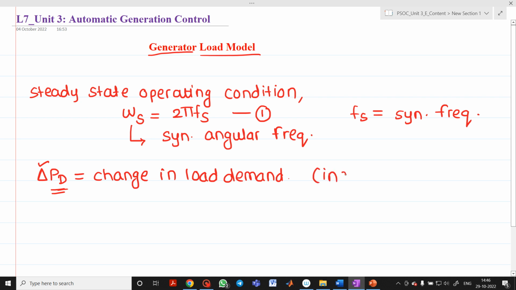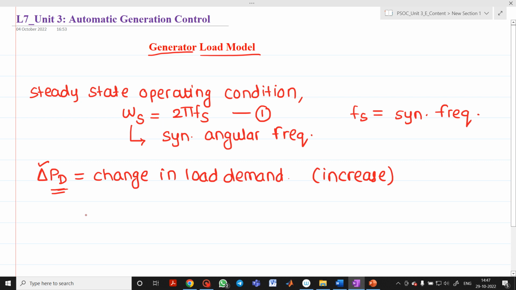Basically when we talk about change in the load demand, then we are talking about increase in the load, because we know that in the power system it is assumed that the load is continuously increasing. So let us assume that due to increase in the load demand delta PD on the generator, there will be increase in the corresponding value of angular position of a generator.